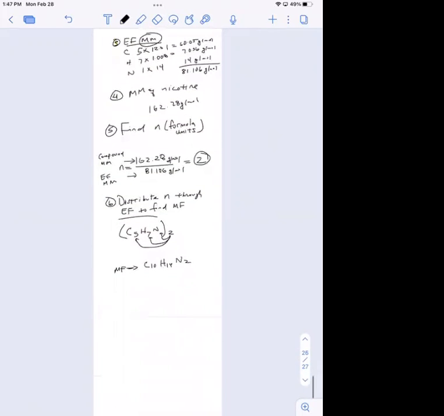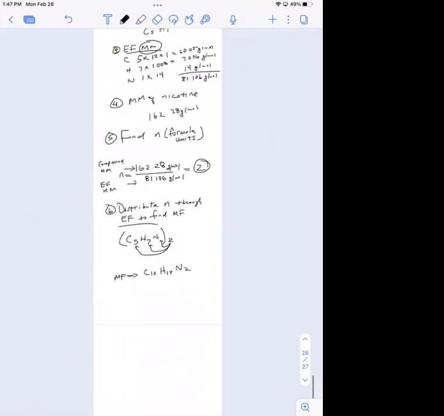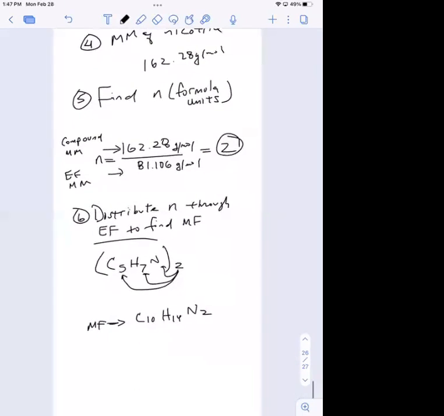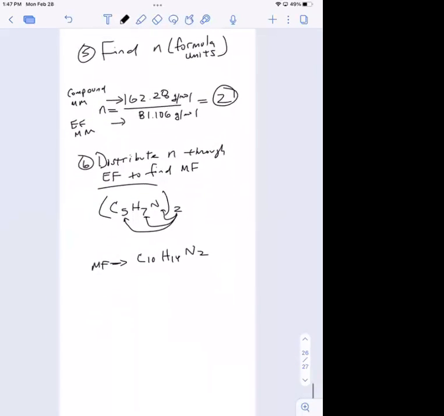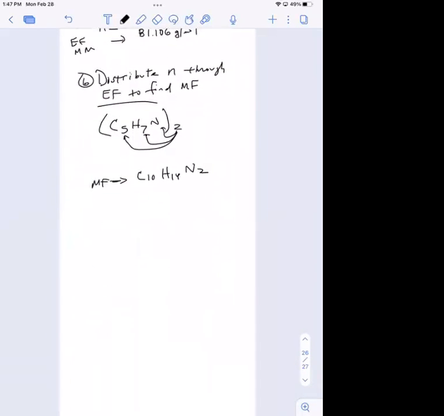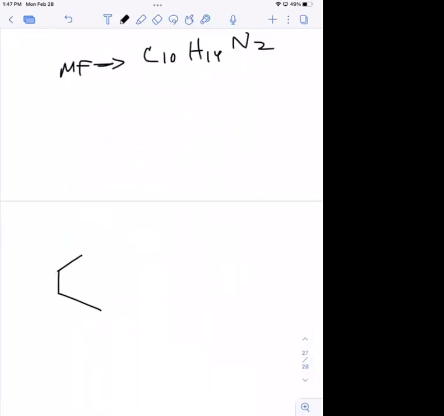All right. So now let me give you a snapshot of this, what it actually looks like. So this is nicotine. I pulled it up this morning, but I can just draw it. So this is the structure of nicotine. It looks like this.